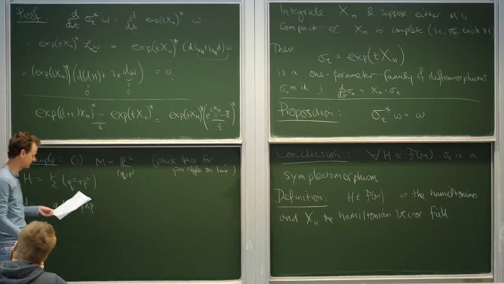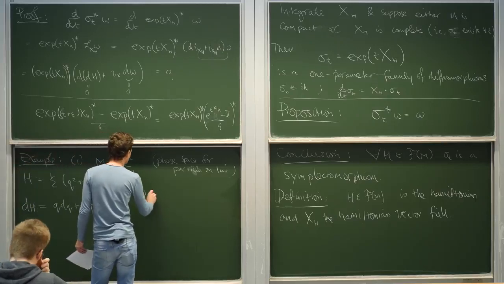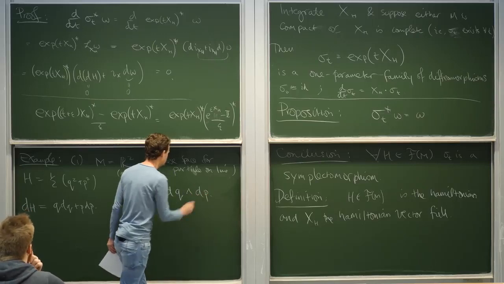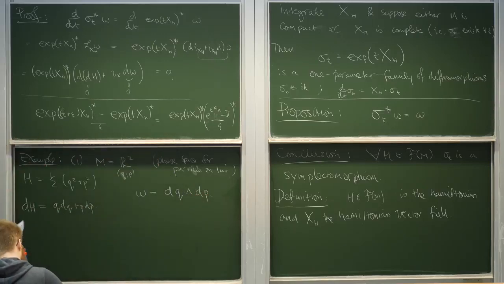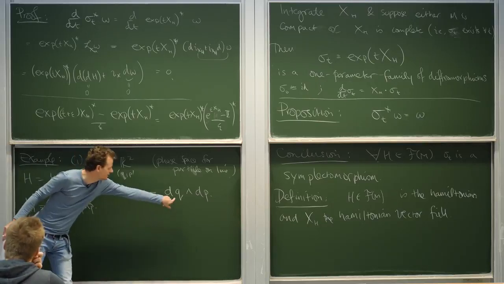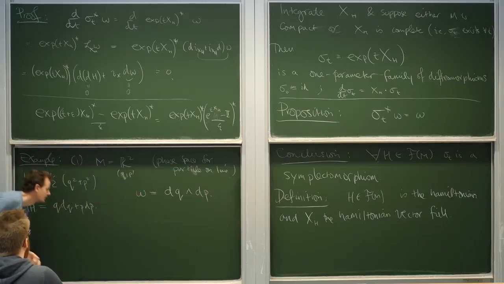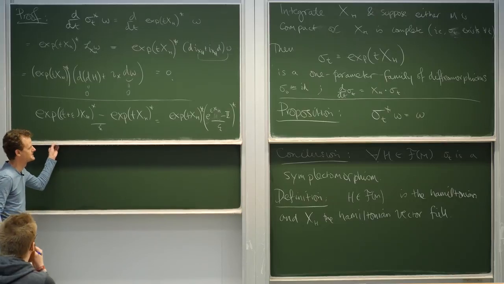Oh, I didn't tell you what the symplectic form was. dq wedge dp. Now we need to work out XH. That requires that we find some vector field that when we interior product it into this two form here, we get this one form.